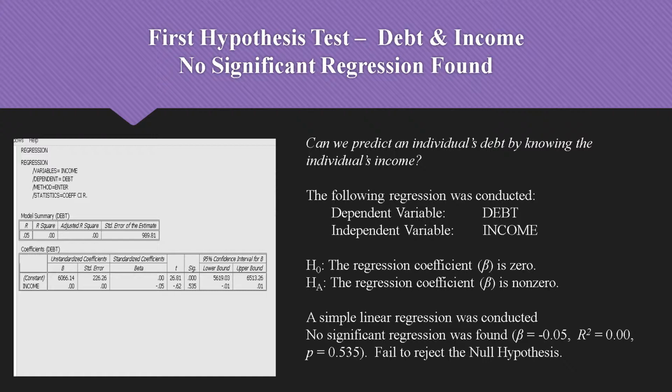Our P is 0.535. Here we failed to reject the null, and we conclude that there's no significant relationship between an individual's debt and their income.